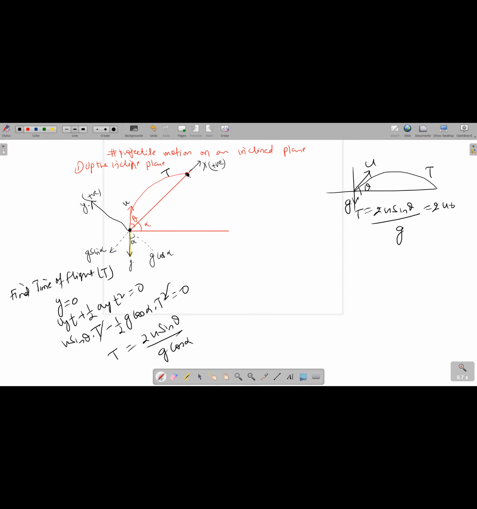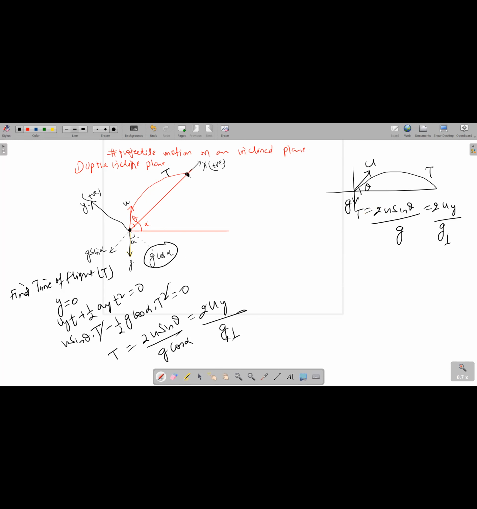So it was 2uy, the initial speed along the y-axis, upon g perpendicular. Here also we have the same thing: 2uy, the speed along the y-axis, upon g cos alpha. This g cos alpha is perpendicular to the x-axis; we can also call it g effective. Understood?